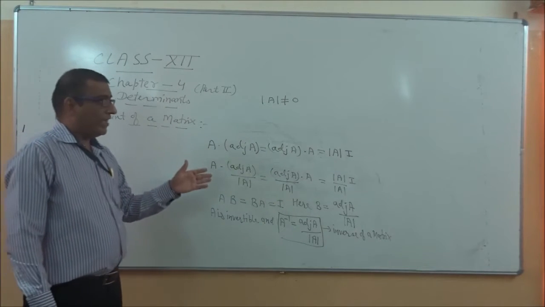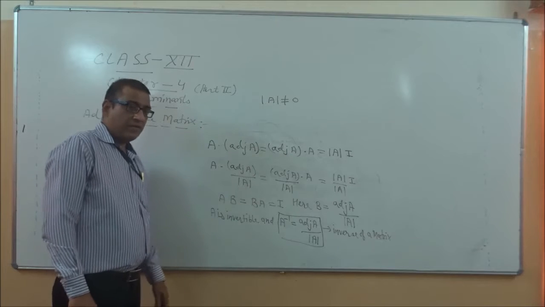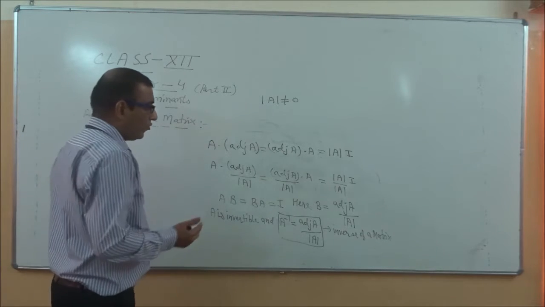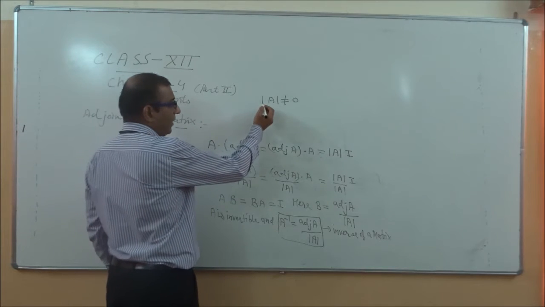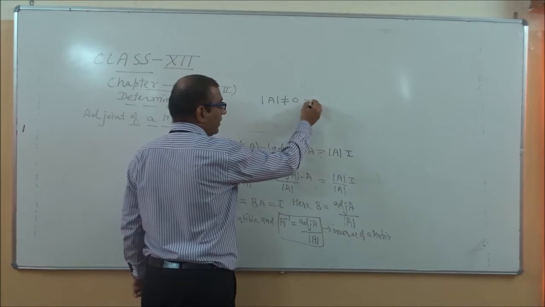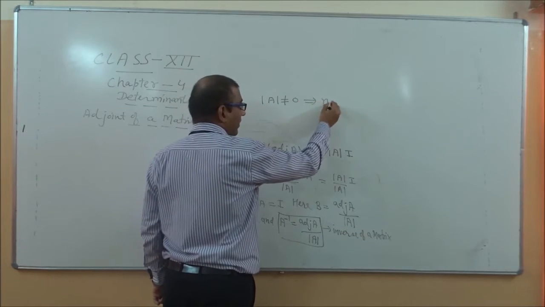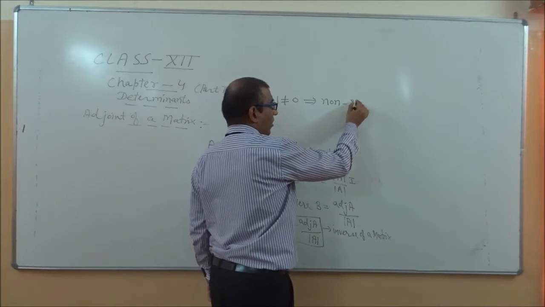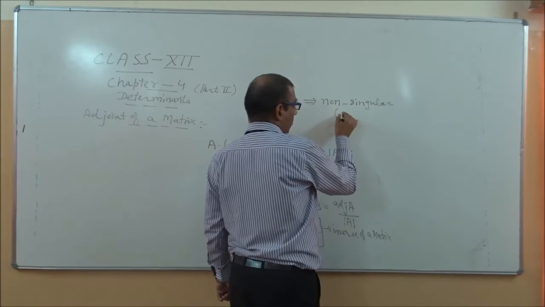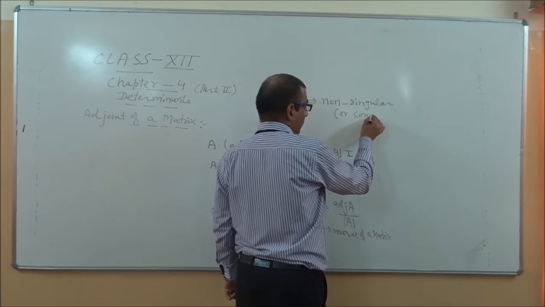Because if determinant A equals 0, then A inverse does not exist. So there are two conditions. If determinant A not equal to 0, then the matrix is non-singular, or we can say consistent.